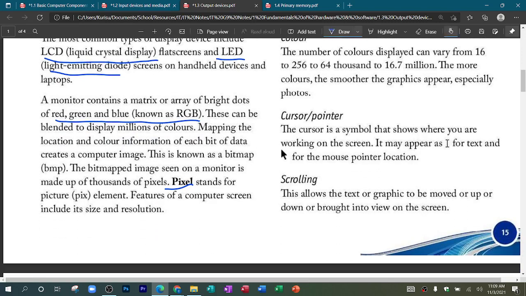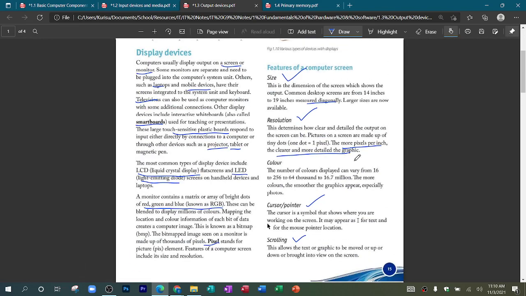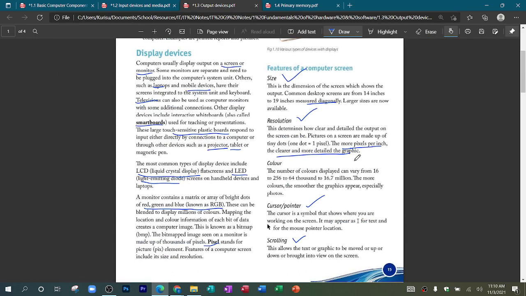And then the cursor and the pointer of the screen, how you navigate the screen, and how you scroll that screen. You have the scroll bar, you have the cursors, you have the pointers, and so on. Those are all features of a display. Are you guys following?